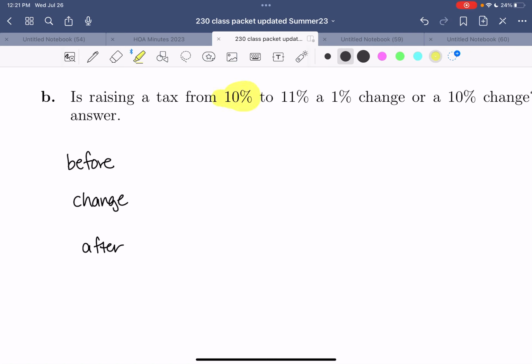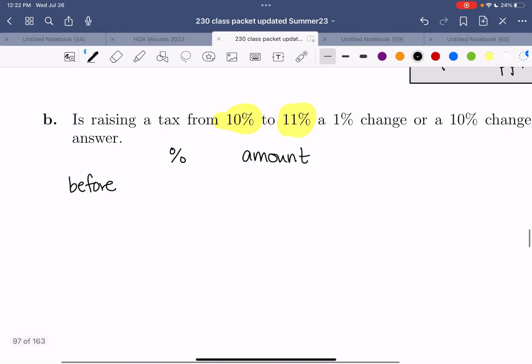We are going from 10% to 11%. So if you think about the percent and the amount, okay? And actually, I'm going to back up here a second.